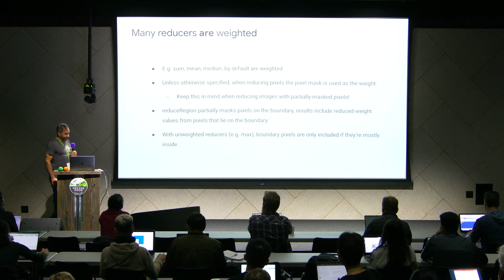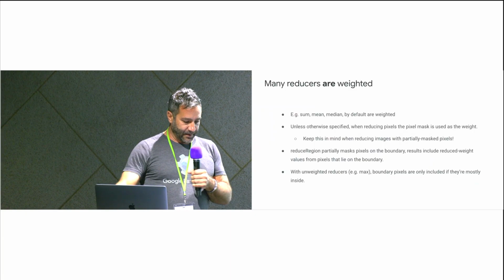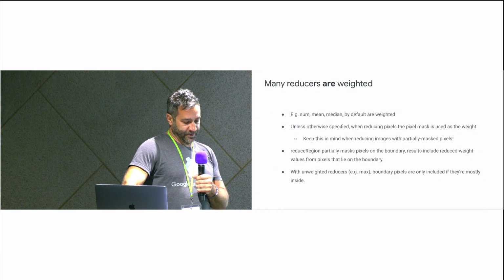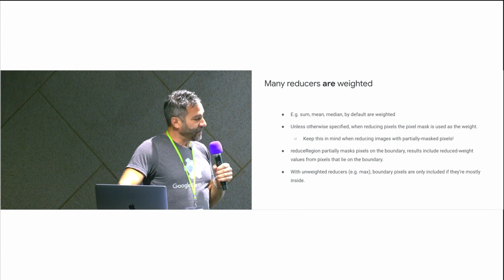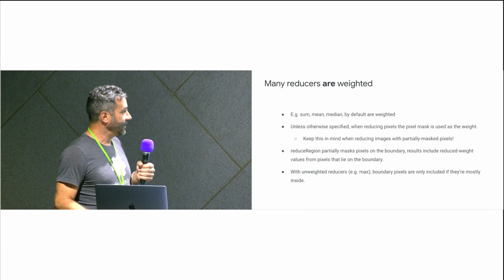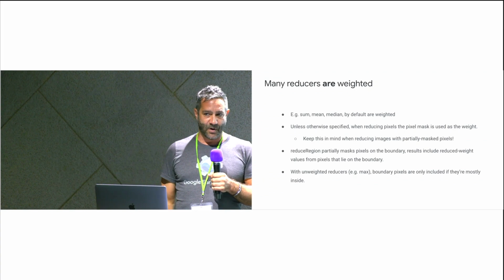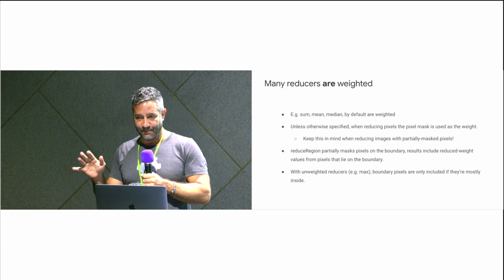Most reducers are weighted. As I mentioned previously, if you don't say anything, then the reducer is going to use the pixel mask as the weight. And you should always keep that in mind when you have these partially masked pixels.